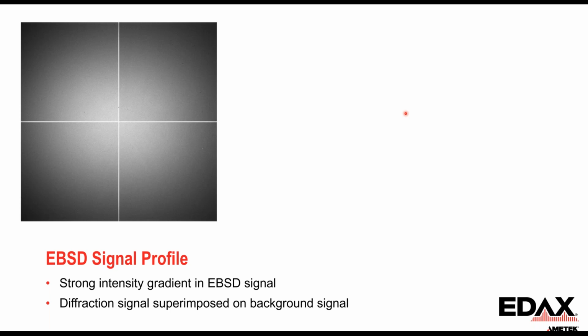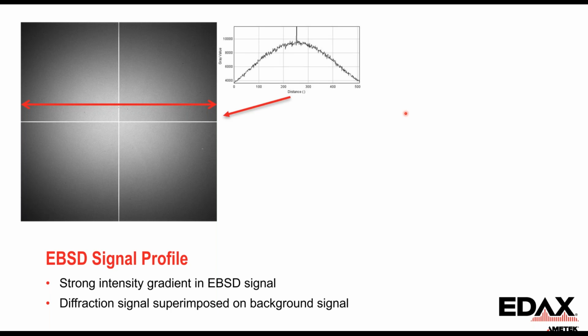these EBSD patterns. So when we take this signal, I drew a line profile horizontally across this and looked at the intensity profile across that line, which looks something like this. And that just shows how the intensity across the sensor varies by over a factor of 2 in terms of intensity difference.